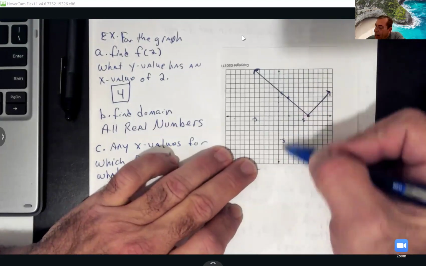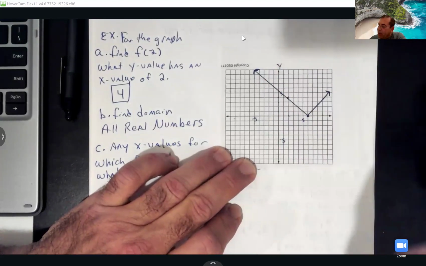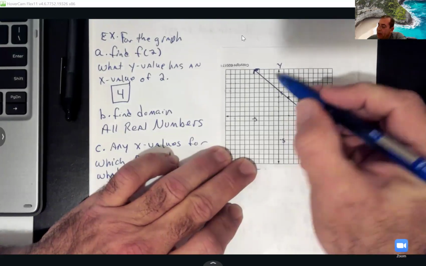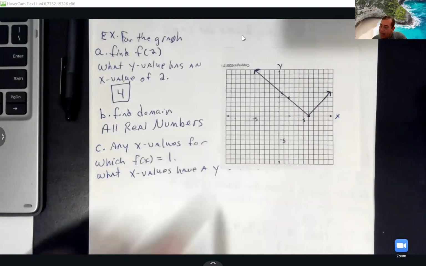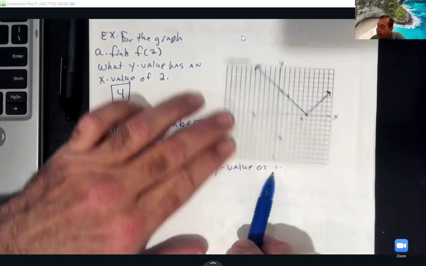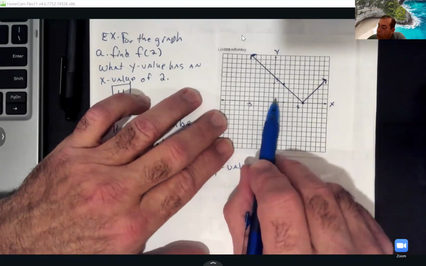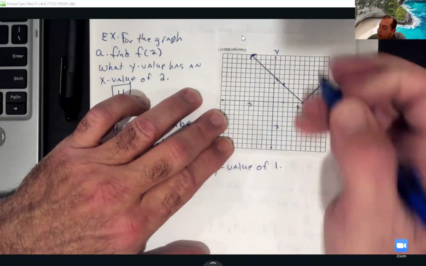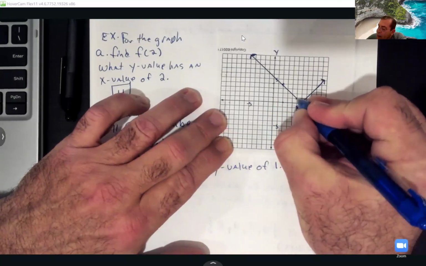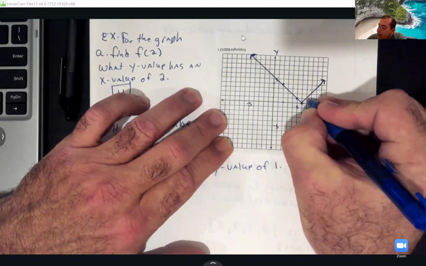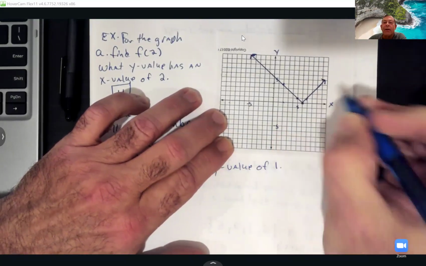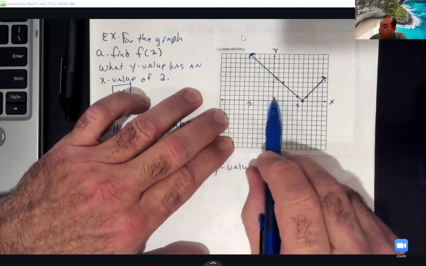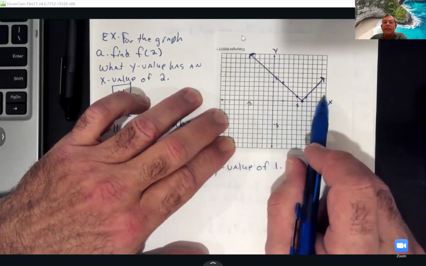So here's my y-axis, up and down, remember, and that'd be my x. So they said had a value of 1. So let's find 1 on the y-axis is right here. So I'm going to go across. Looks like this point right here and this point right here. They're both on the 1 for the y-axis.